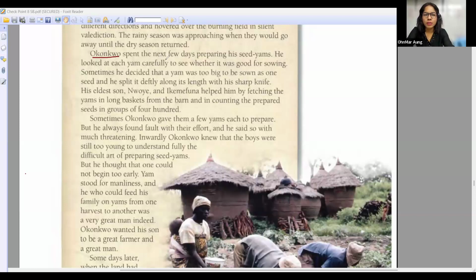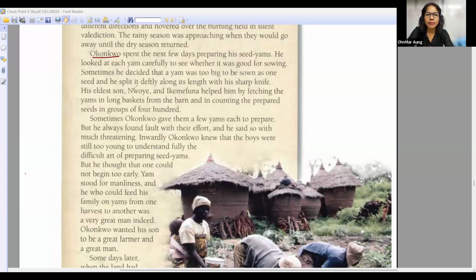He checked the yams carefully, whether each was good for sowing. Sometimes he decided that a yam was too big to be sown as one seed, and he split it deftly along its length with his sharp knife. If it is big, he cut it into two parts.